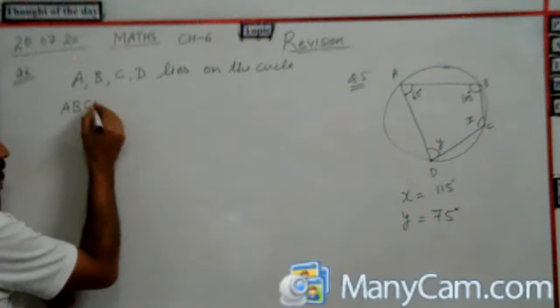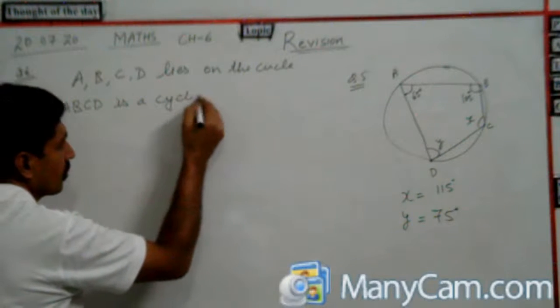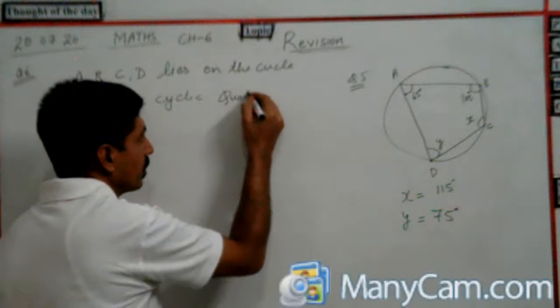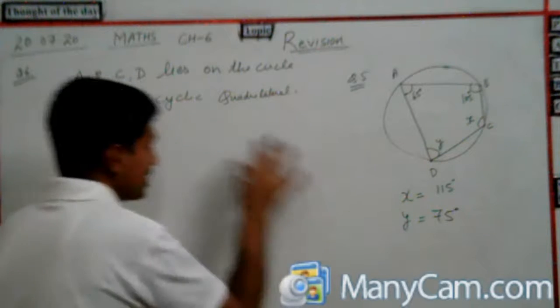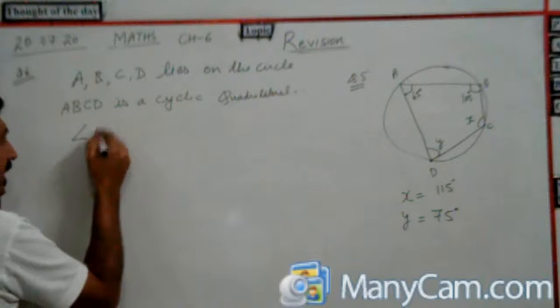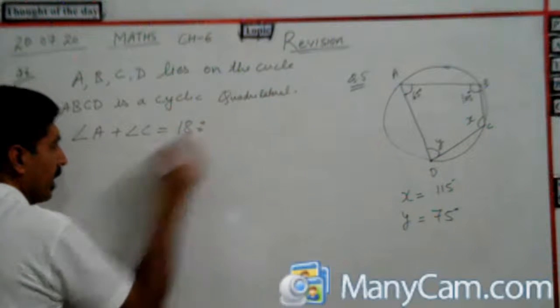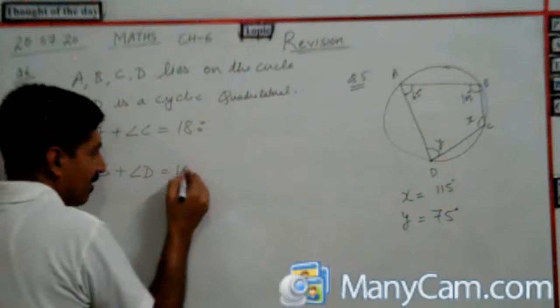Quadrilateral. And in a cyclic quadrilateral, we know A plus C is always 180 degrees and B plus D is always 180 degrees.